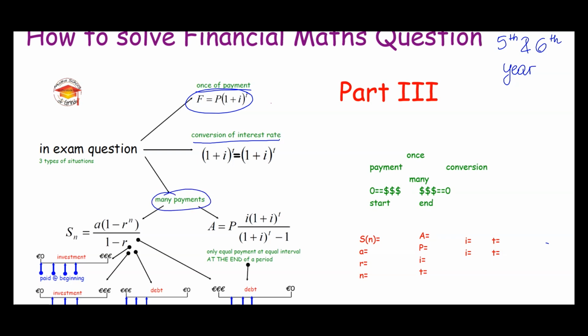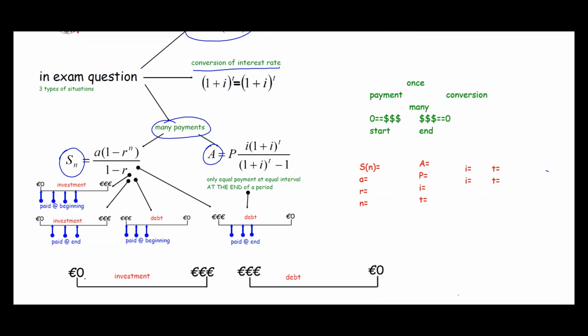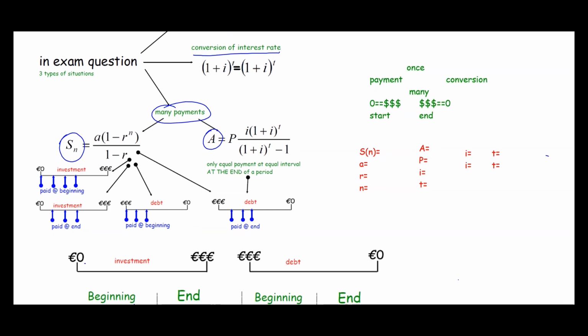With many payments, the situation gets more complex because we have a choice between the Sn formula, the geometric sum formula that always works, or the amortization formula that works only in very specific situations. And in part 1, we talked in detail about how to make that choice.